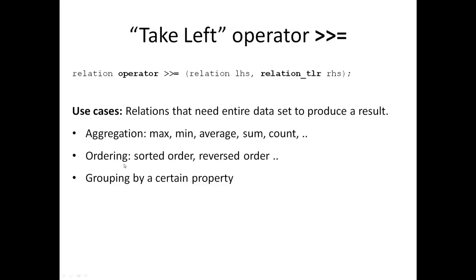Similarly, we have ordering algorithms which could order the input range based on a certain criteria or simply reverse the order of the elements in the input sequence. Now also, grouping is yet another such example where you may want to group a set of elements based on a certain property. And you could conceive of other such relations which have this requirement where they need full visibility on the input data set.